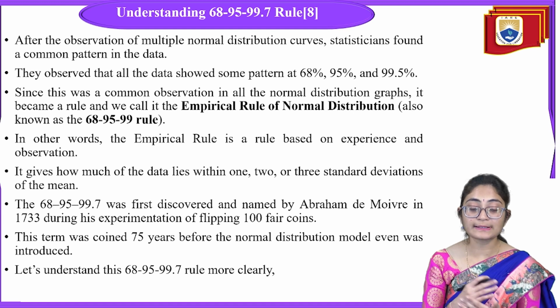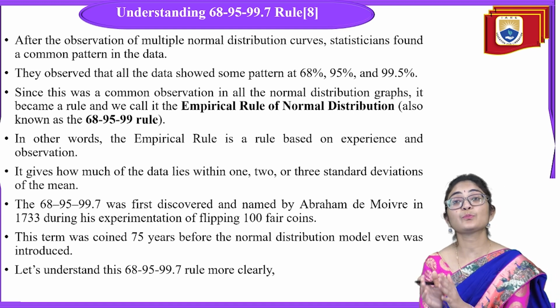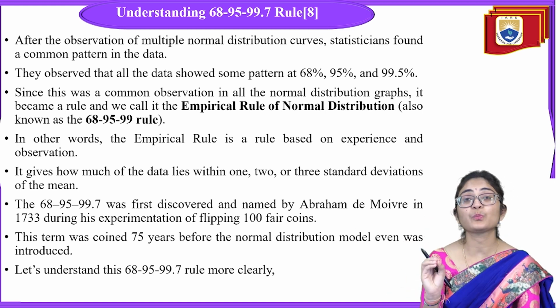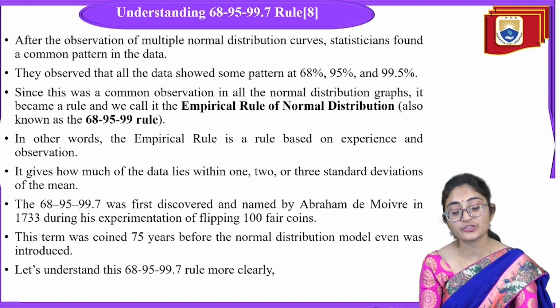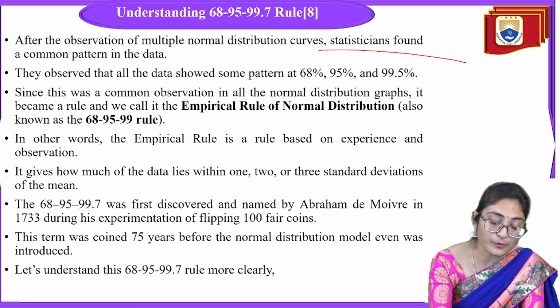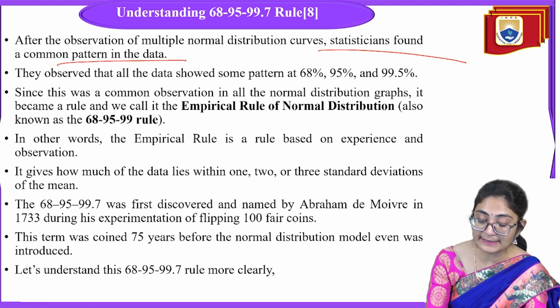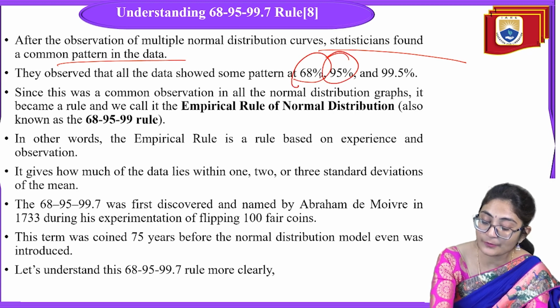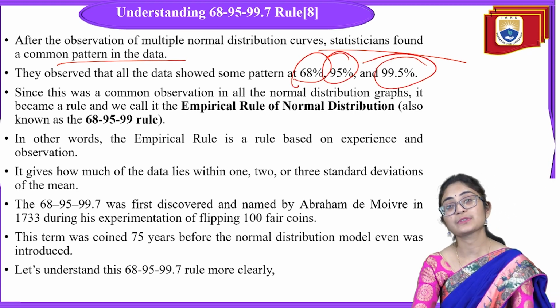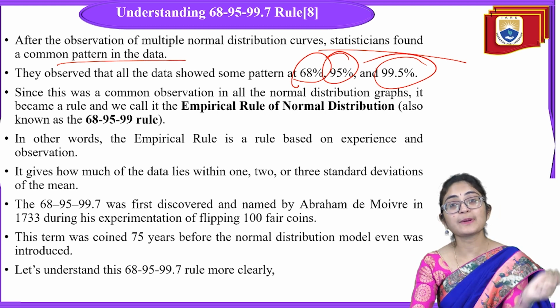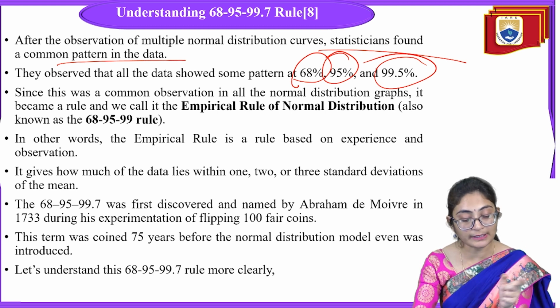Now, what is the 68, 95, 99.7 rule? Actually, after observing multiple normal distribution curves, statisticians found a common pattern in the data, and that common pattern is 68%, 95% and 99.7%.